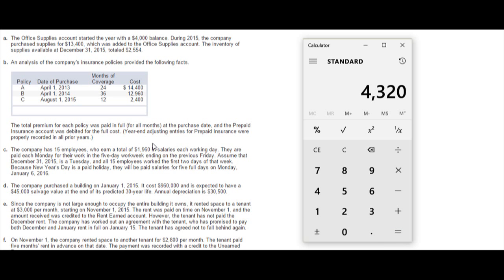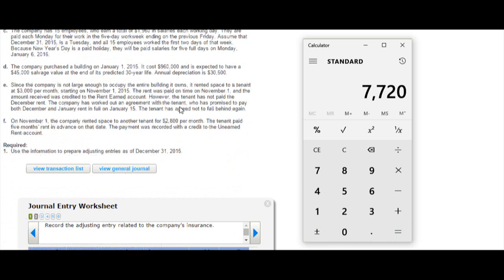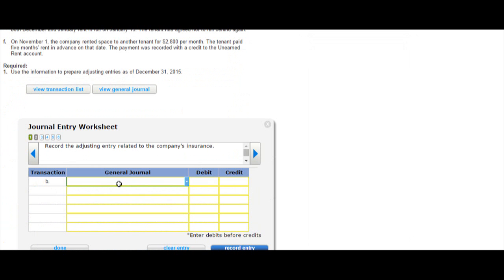And for the last one, it was purchased in August. $2,400 divided by 12 gives you $200 a month. We have August, September, October, November, and December of this year. So times 5 gives you $1,000. So I have $1,000 plus 4,320 plus 2,400 equals 7,720 for our expense.